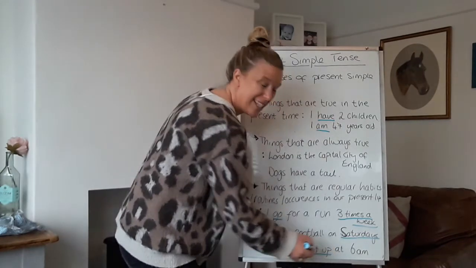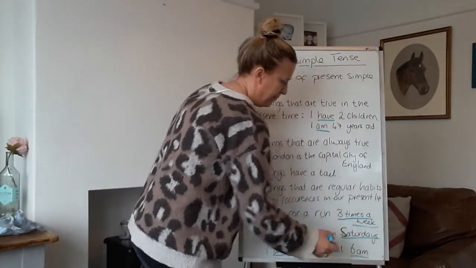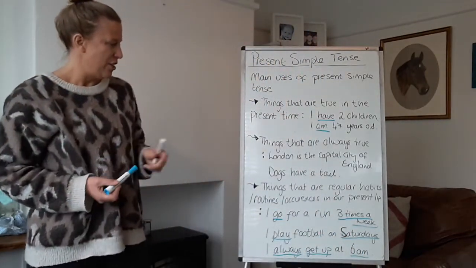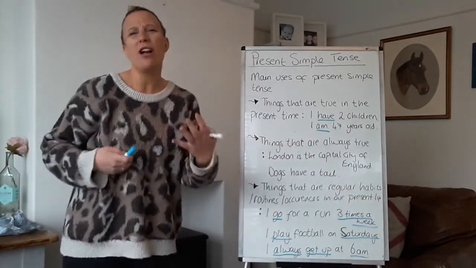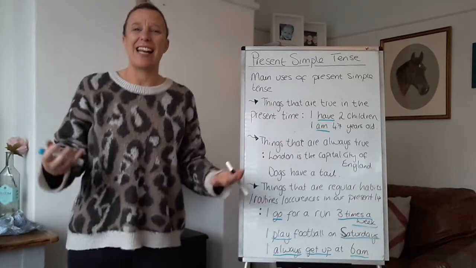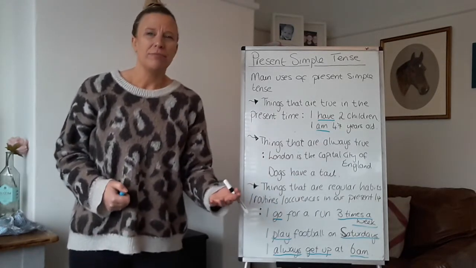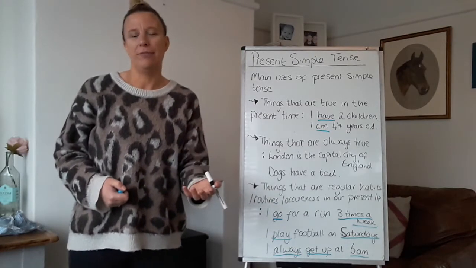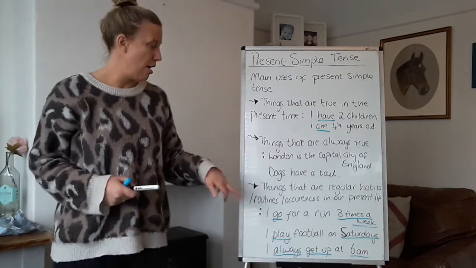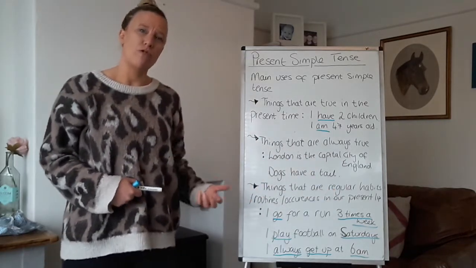Here's our phrasal verb to get up at 6 a.m. Okay, so things that are regular habits or routines or regular occurrences, things that happen regularly, every week, every day, every summer, every winter. I go to Greece every summer. Okay, things that are regular habits or occurrences or routines.